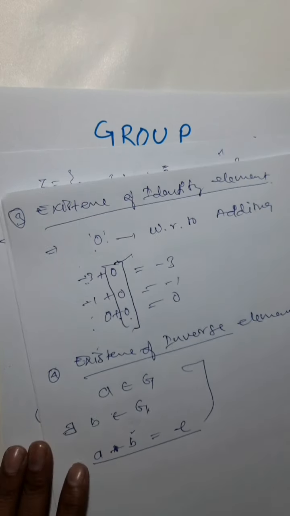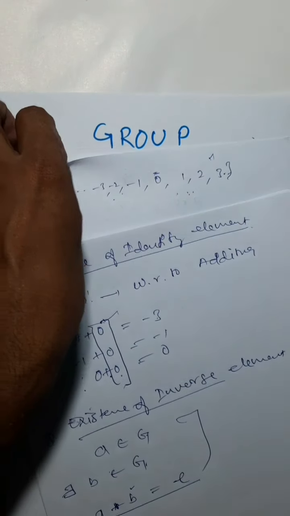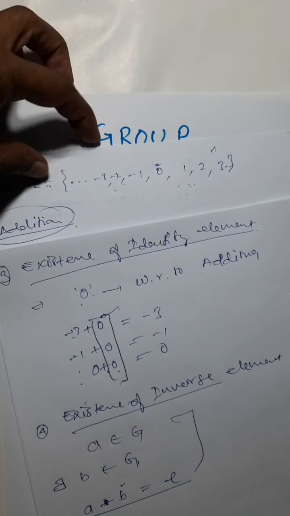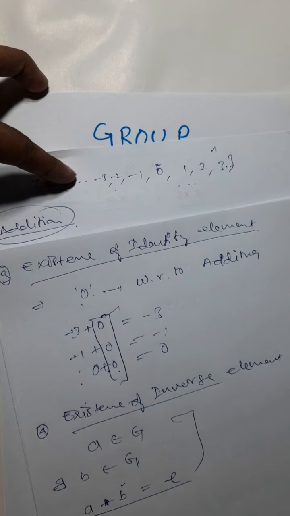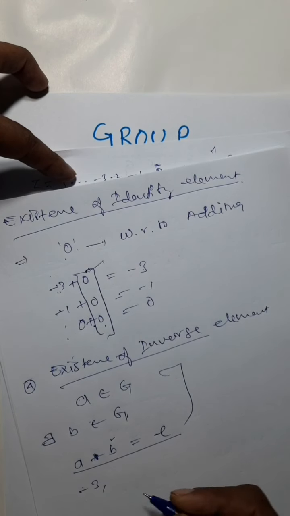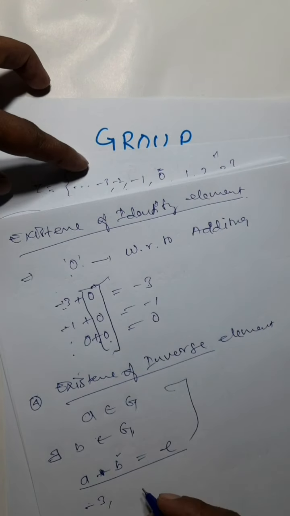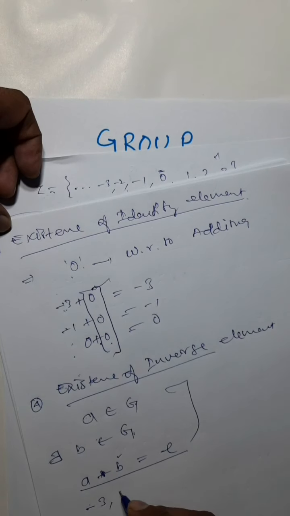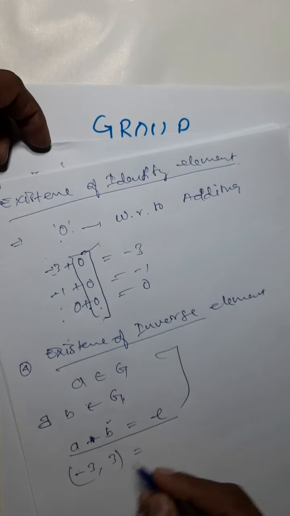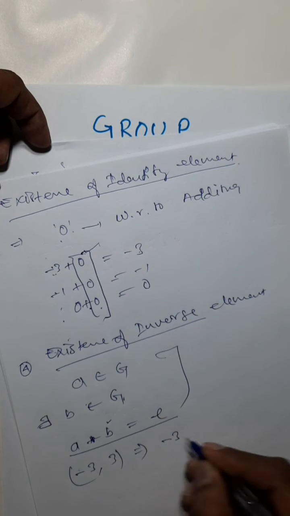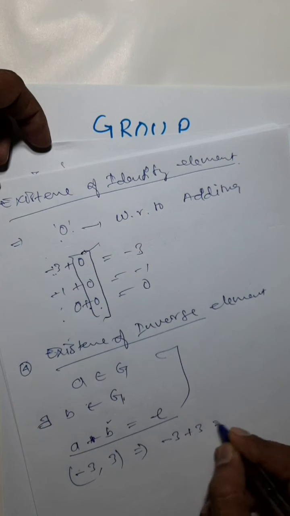So let me consider two elements from the set Z. Let them be minus 3 and 3. Then minus 3 binary operator plus 3 is equal to 0.